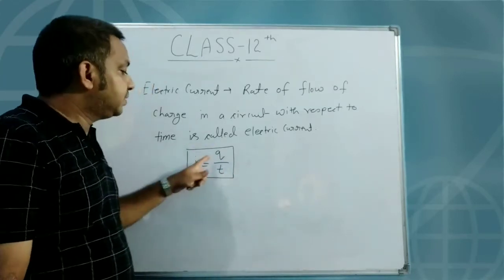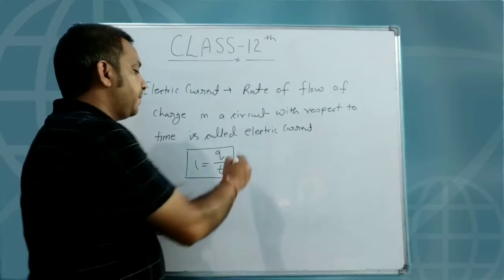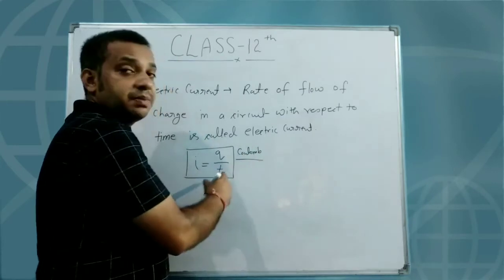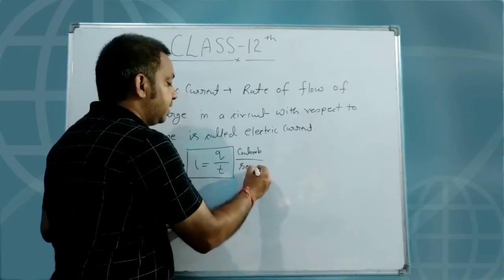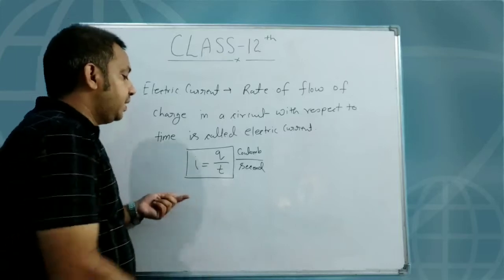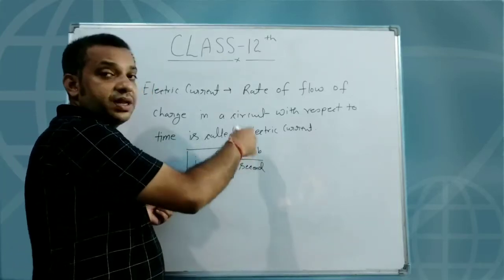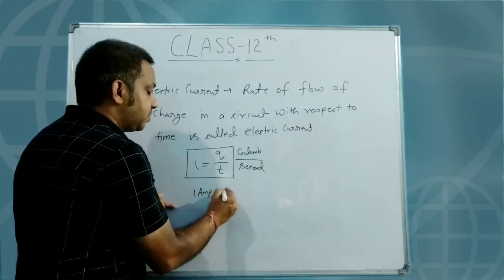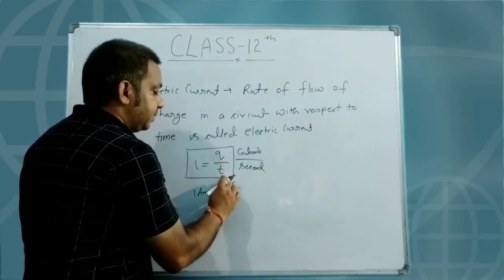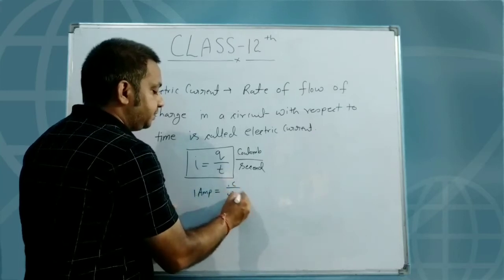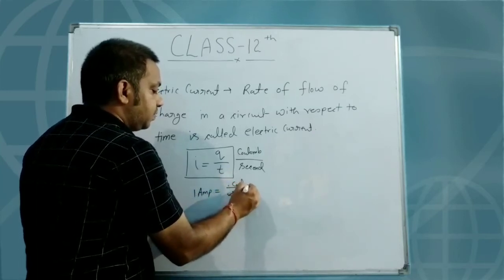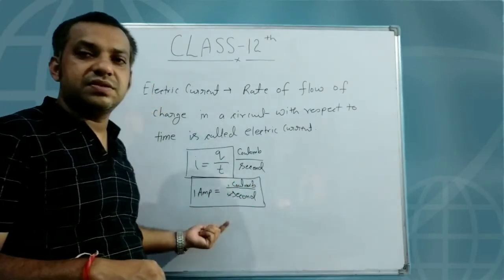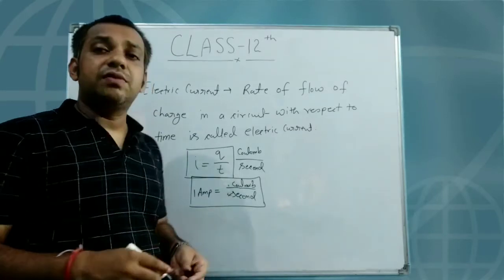You know that charge is represented in coulomb in the electric system, and time in seconds, so coulomb per second is the derived unit, which is also known as 1 ampere. So 1 ampere is equal to 1 coulomb per second. We have just derived the definition of 1 ampere.